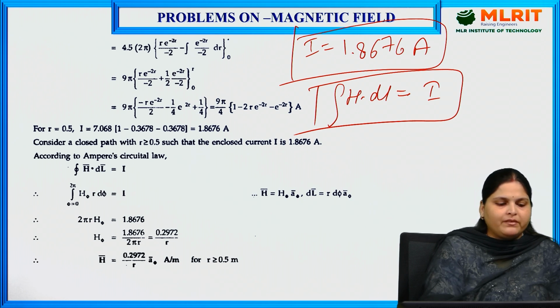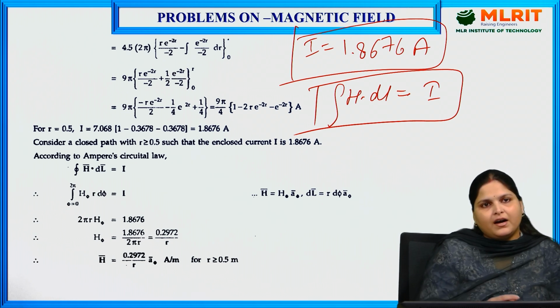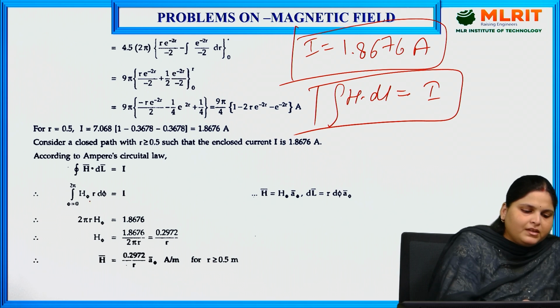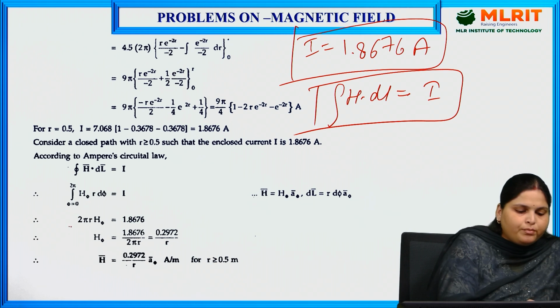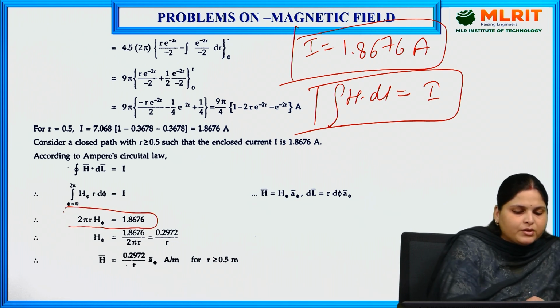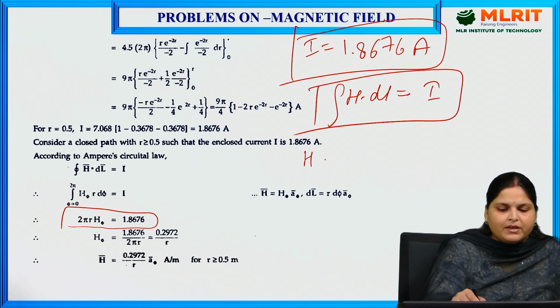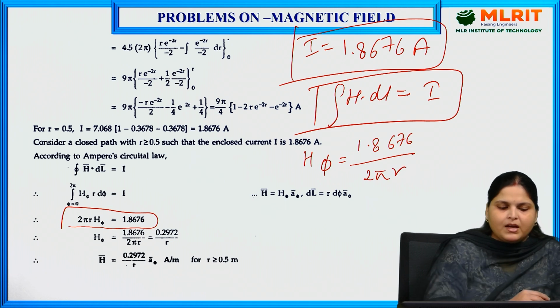We put the value of H, which is H phi, and dl we take as r d phi. So in place of the right side we have I, and when we integrate it becomes 2 pi r H phi, and I equals 1.8676. From here we find H phi equals 1.8676 divided by 2 pi r.